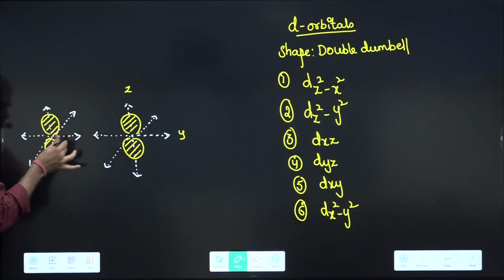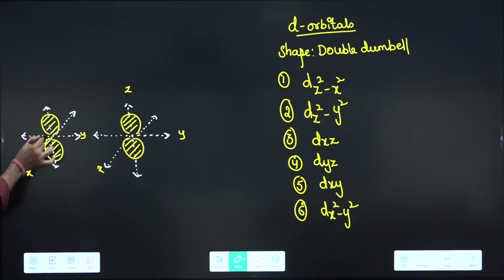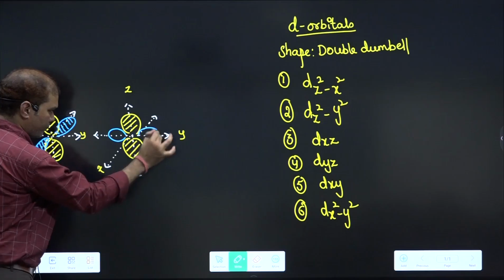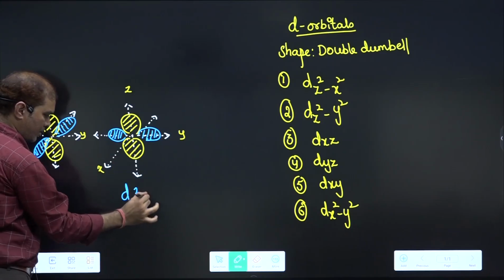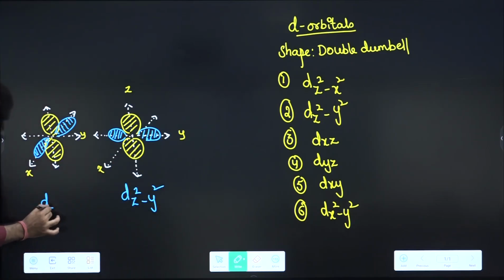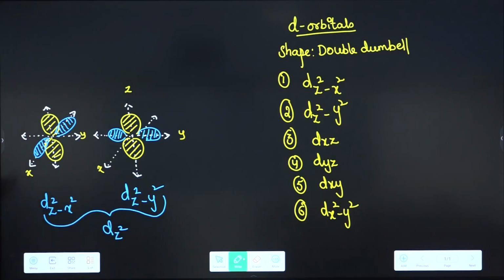This is along the Z axis and this is the Y axis, this is the X axis. This is dz square minus y square, this is dz square minus x square. Okay, so these two combine to give you dz square. These two combine to give you dz square.